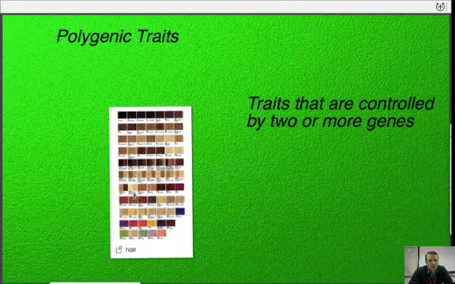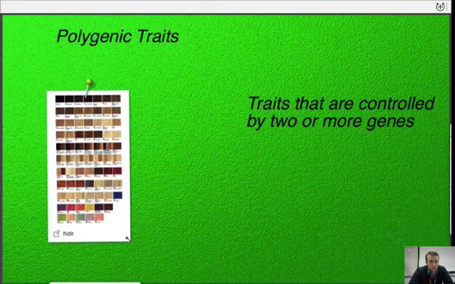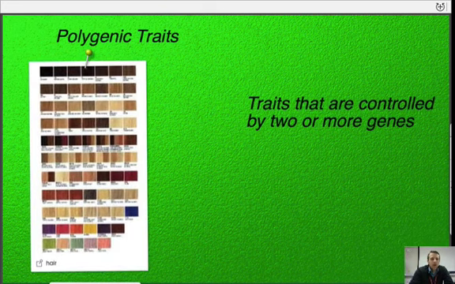Notice in hair color, I'll move it up, make it a little larger, that hair color is the same thing. We're all not just dark hair, brown hair, light hair. It's different shades of different hair colors because that hair color is controlled by two or more of the genes there. So you're going to have all different letters produce different shades, whether you're very dark hair or very light over here.